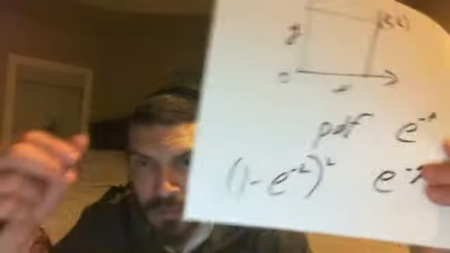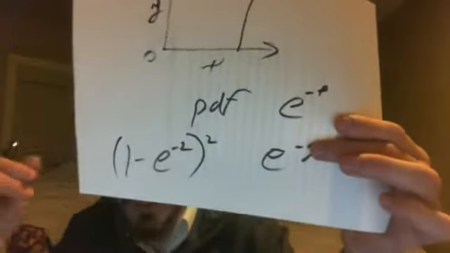Wrote it down at the bottom of the page. 1 minus e to the negative 2, squared. Because both are independent, so you just multiply the cumulative distribution. That's called the F of x, the big F of x, times the big F of y. Write it down here: Fx times Fy.